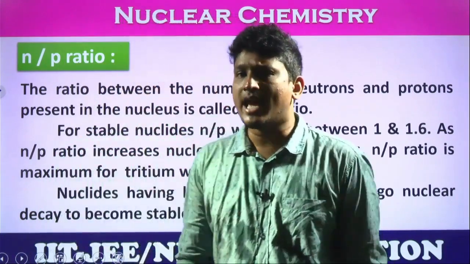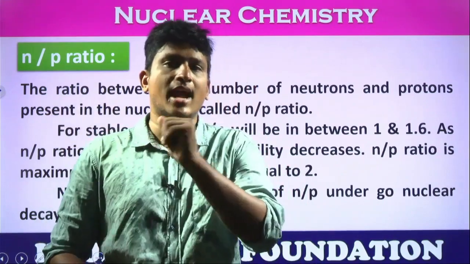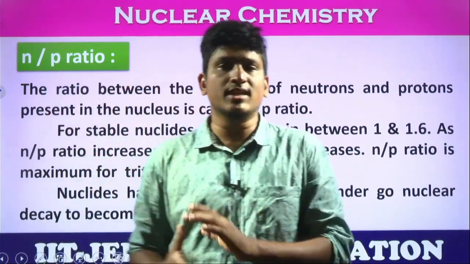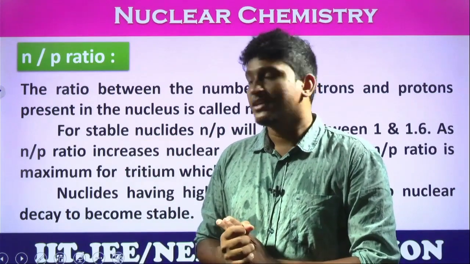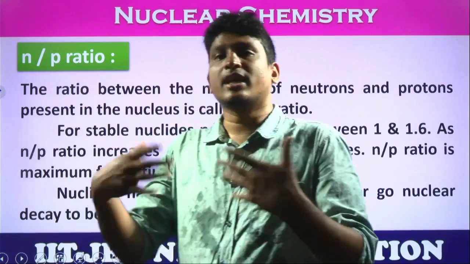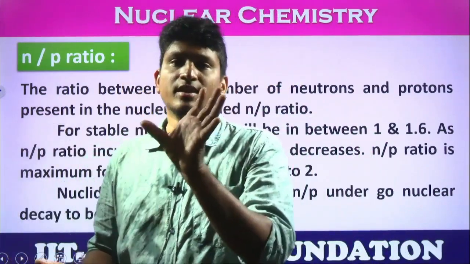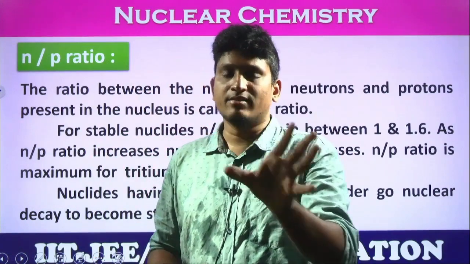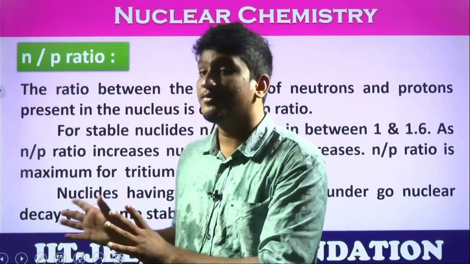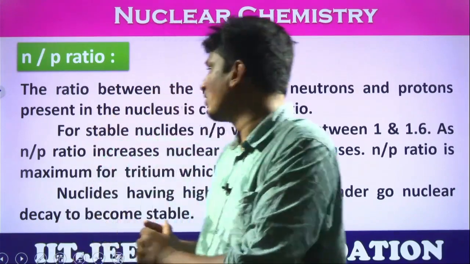If the N by P ratio is more or less, when does the nucleus become more stable? We have one ratio, like in chemical reactions, whether to form ionic or covalent, we have a difference in electronegativity of 1.7. So here also, for stability, based on the neutron proton ratio, we have one number.